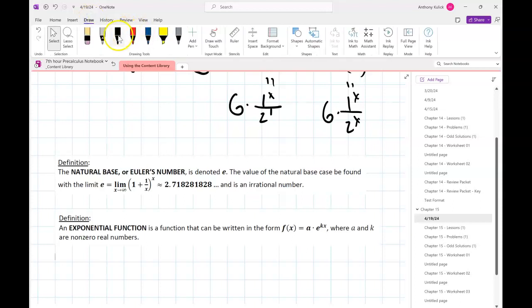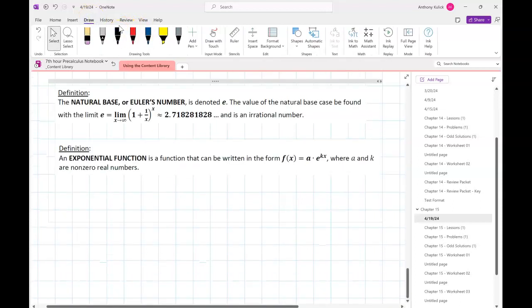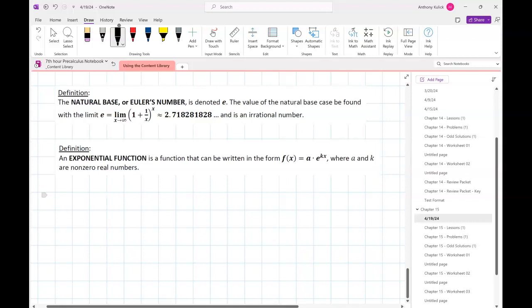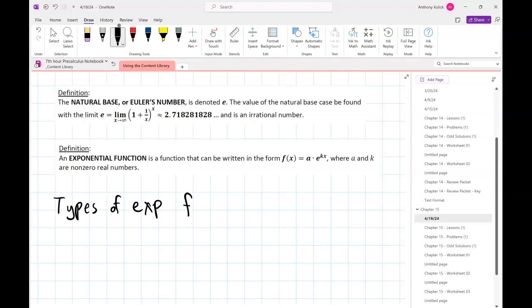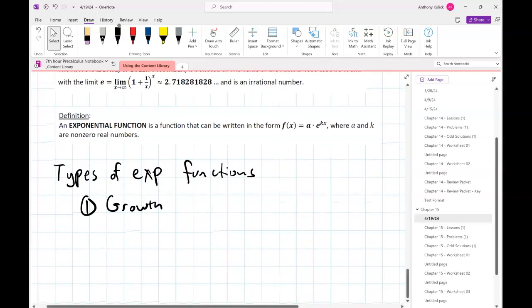So the next thing I want to do is talk about types of exponential function. We have two types. We have growth, and then we have decay.